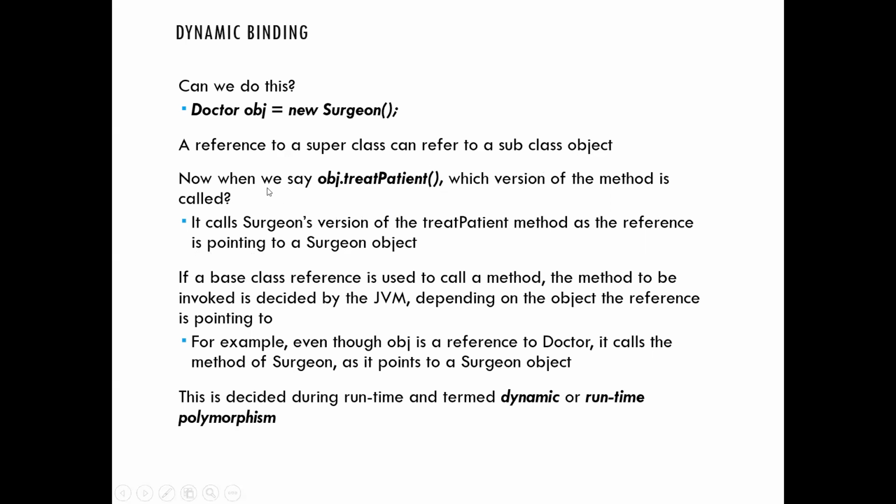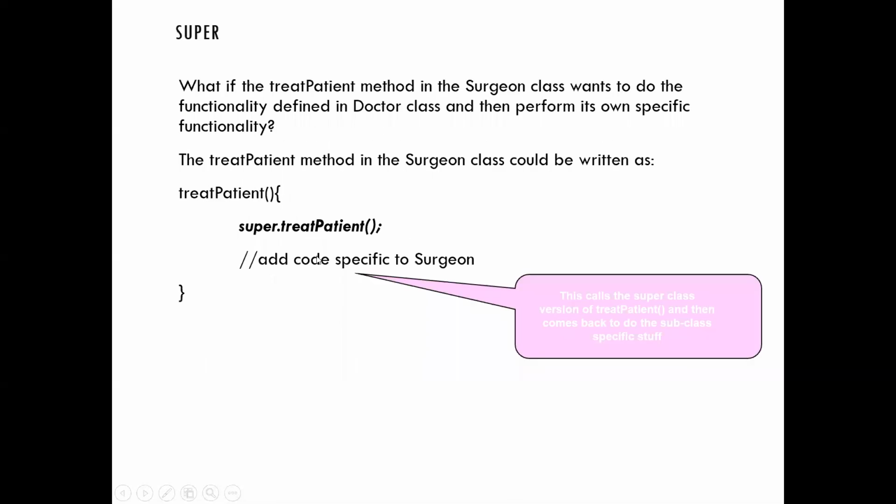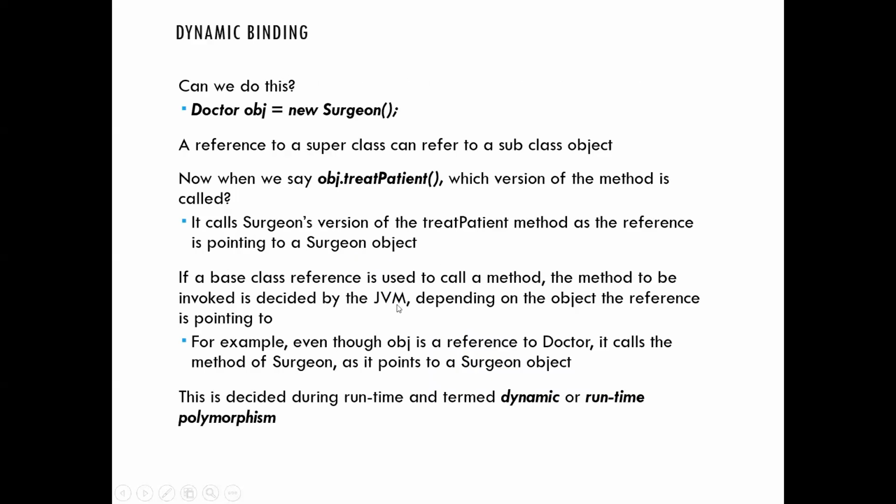So now we can say object.treatPatient. Which version of the method is called? It calls the surgeon's version of the treatPatient method, as the reference is pointing to a surgeon object. Okay. If a base class reference is used to call a method, the method to be invoked is decided by the JVM depending upon the object the reference is pointing to.